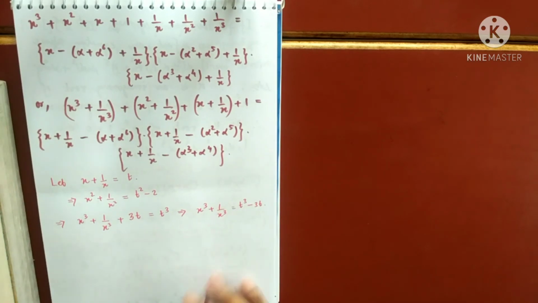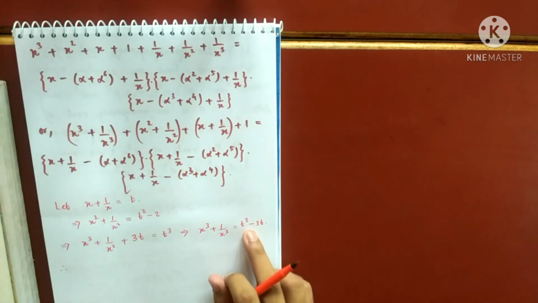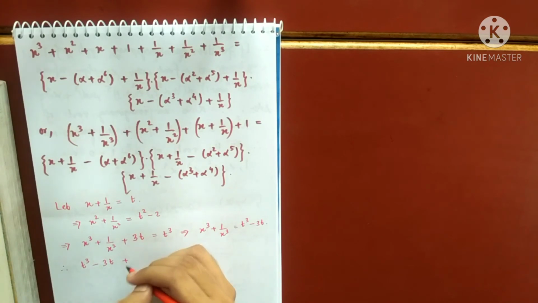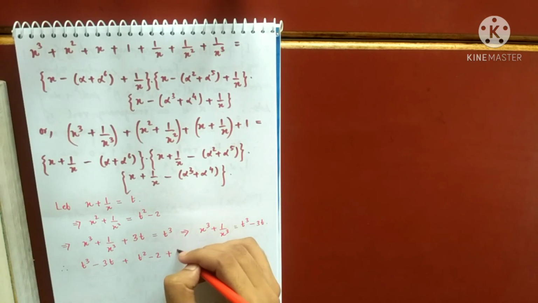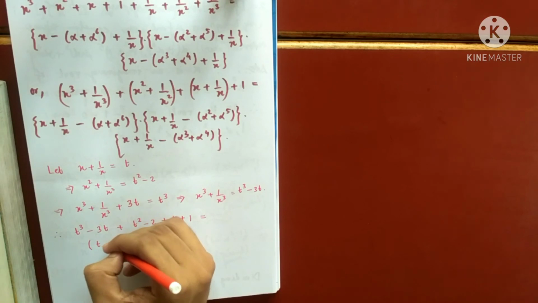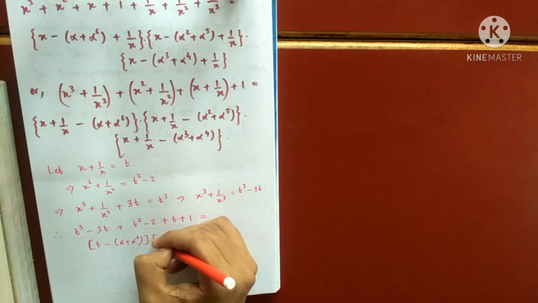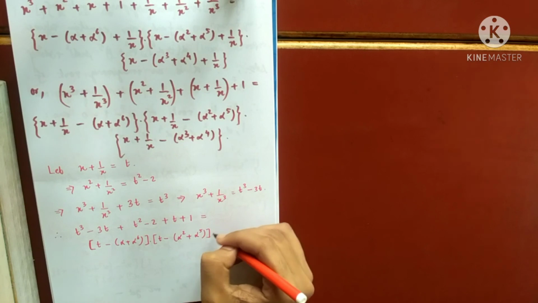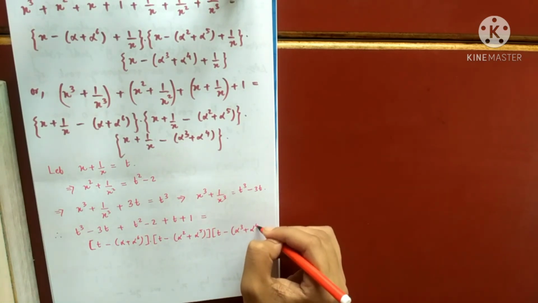So I have changed the variable. So what will I get? On the left I have this, which can be written like this, t cube minus 3t. I have this, which can be written as t square minus 2. I have this, which is t plus 1. And on the right, it is reduced to t minus alpha plus alpha to the power 6, t minus alpha square plus alpha to the power 5, t minus alpha cube plus alpha to the power 4.